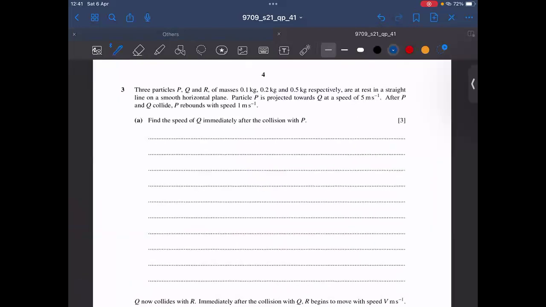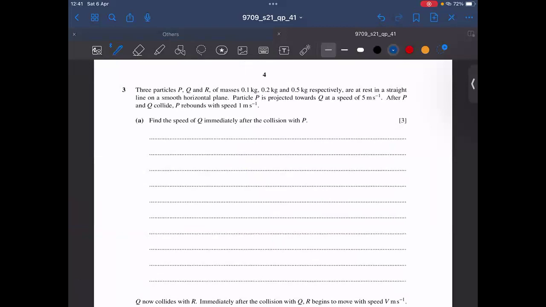All right, that's great. Then, Aisha, three particles, P, Q, and R, of masses 0.1, 0.2, 0.5, are at rest in a straight line on a smooth horizontal plane.